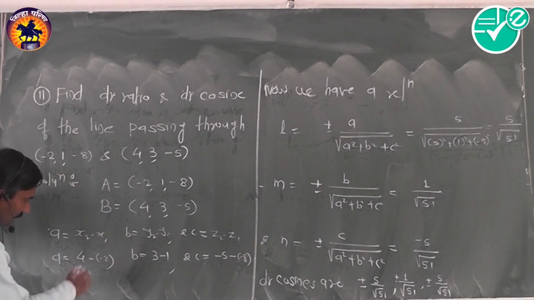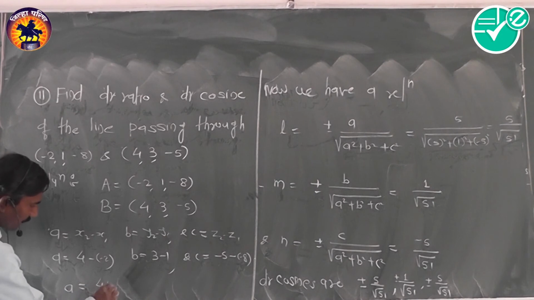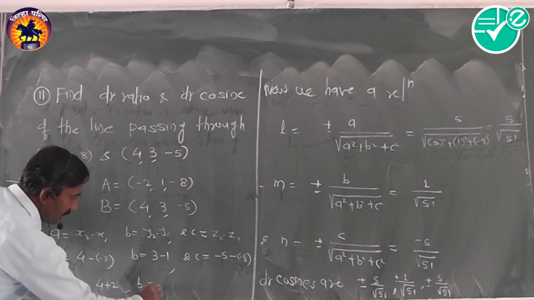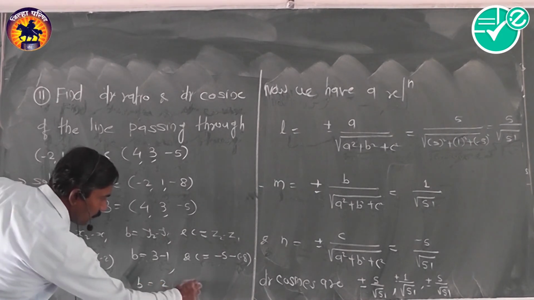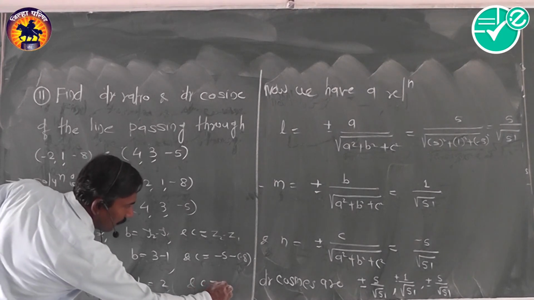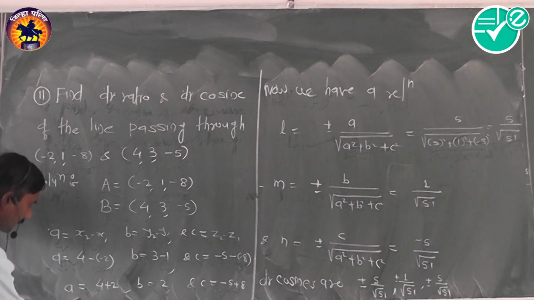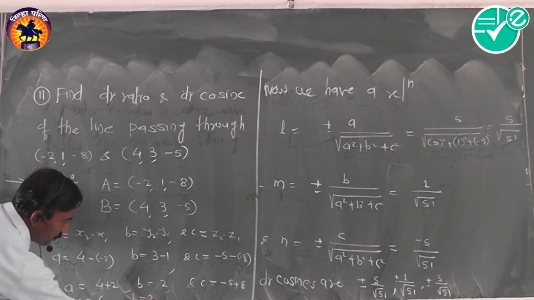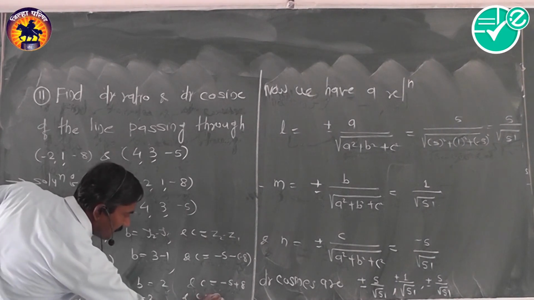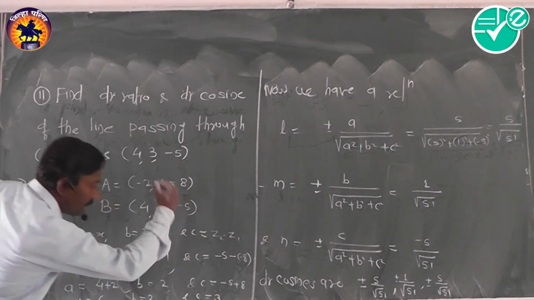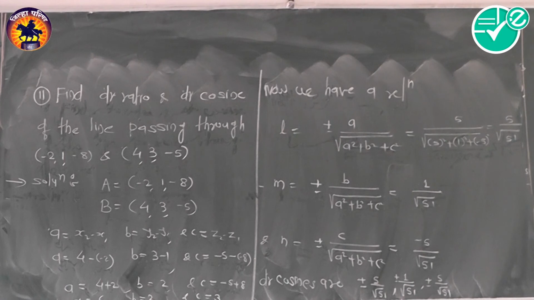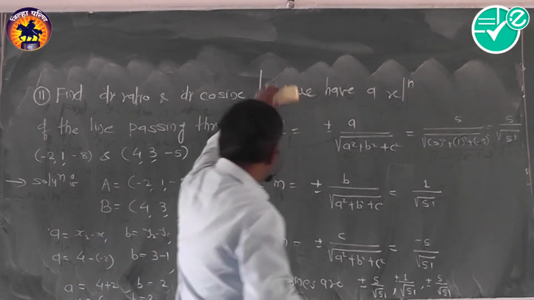So a is equal to 4 plus 2, b is equal to 2, and c is equal to minus 5 plus 8. That is a is equal to 6, b is equal to 2, and c is equal to 3. So these are a, b, c, the direction ratios.